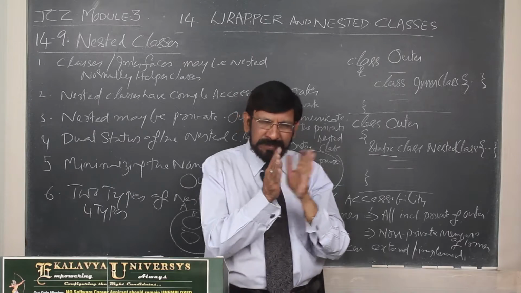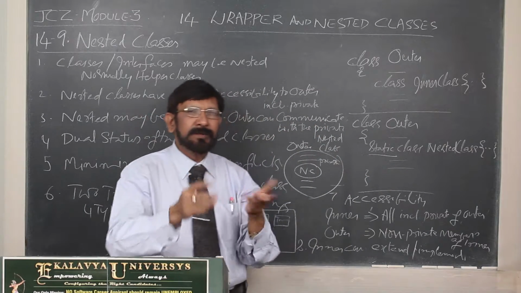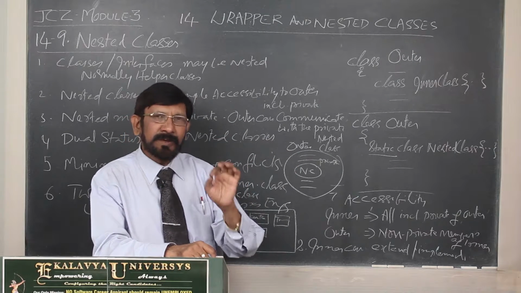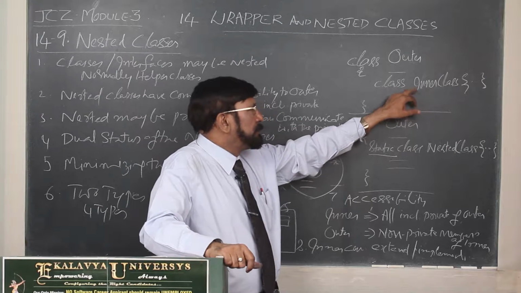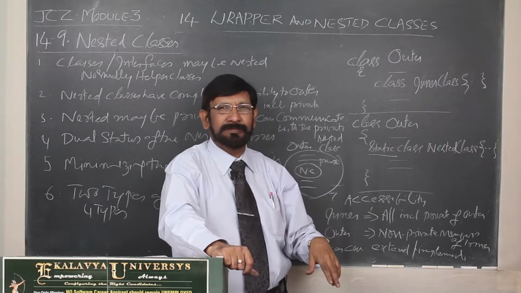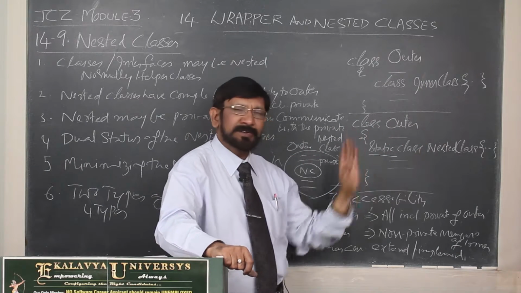So, we have both. Generally, as these are nested, we can call them nested classes, but for the sake of differentiation, you call instance nested classes inner classes. Static nested classes you call nested classes.